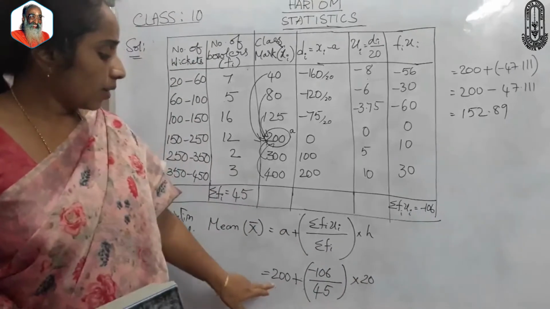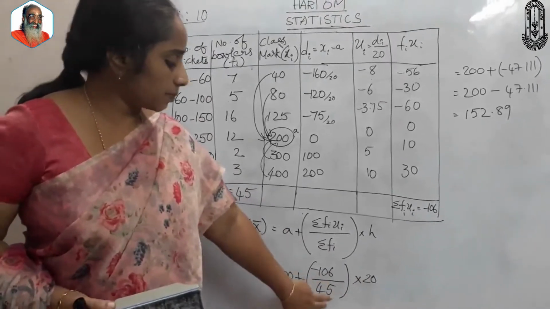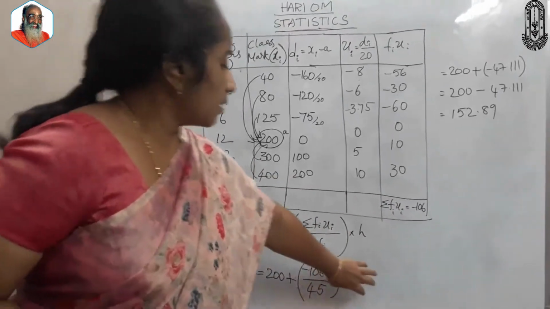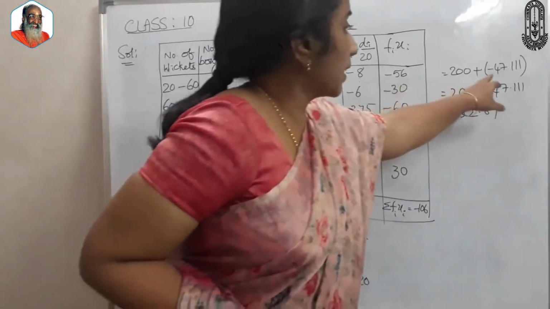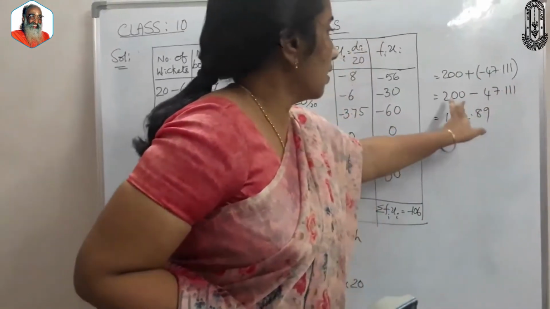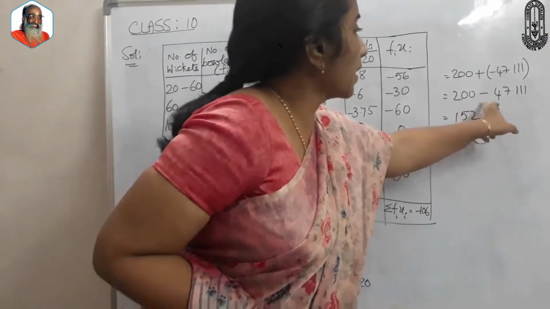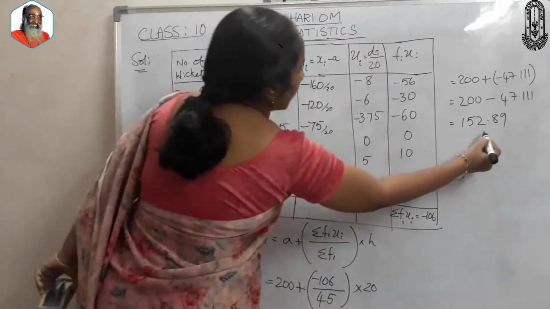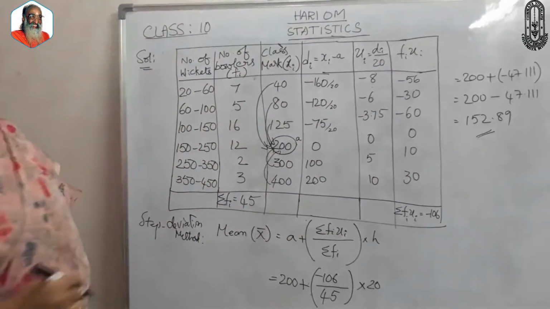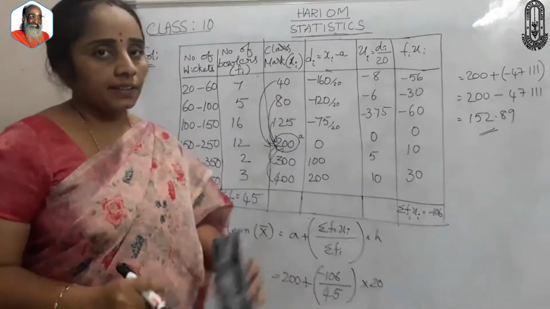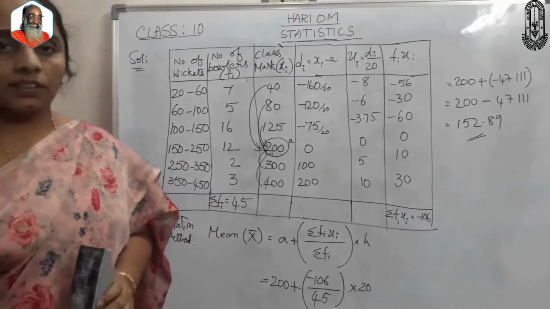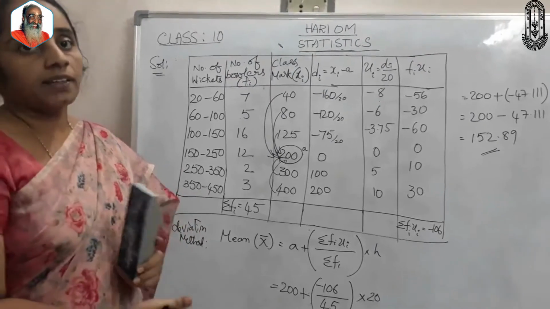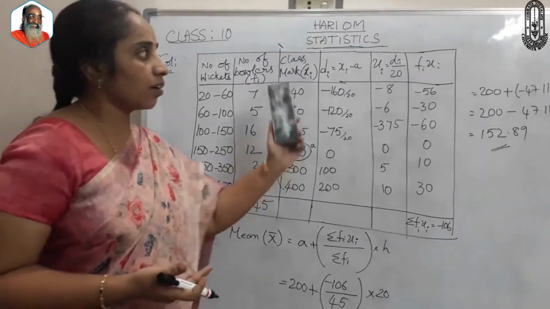Now 200 plus minus 106 by 45 into 20, by dividing and multiplying with this number we will get minus 47.111, and that is 200 minus 47.11, it is 152.89. This is the mean of the given data. And here one more question they have given, that is, signify the mean of this data.